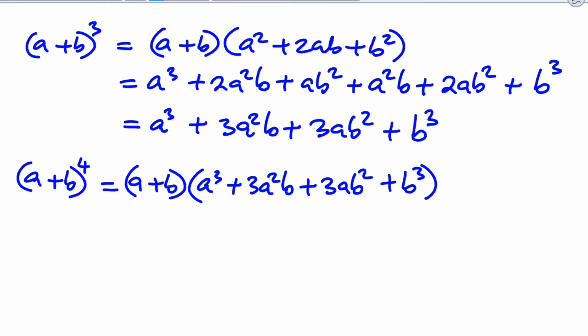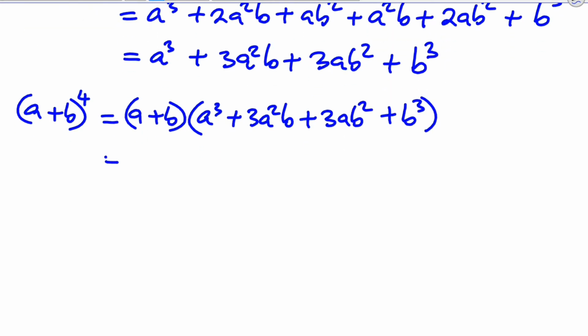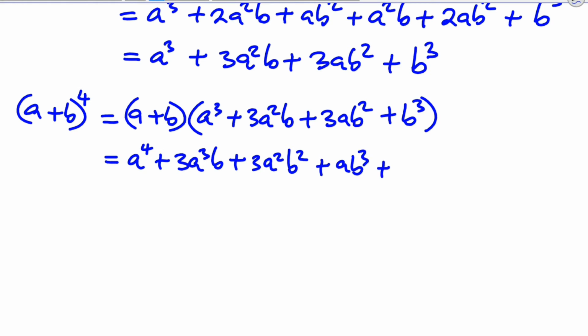If we multiply these brackets out, we shall end up with a⁴ + 3a³b + 3a²b² + ab³ + a³b + 3a²b² + 3ab³ + b⁴.